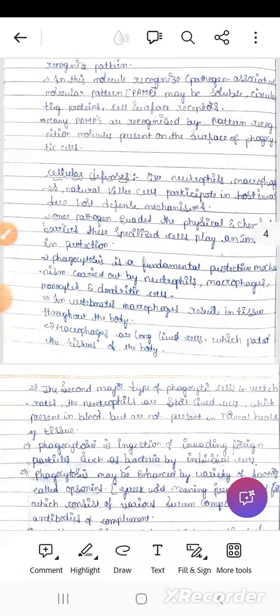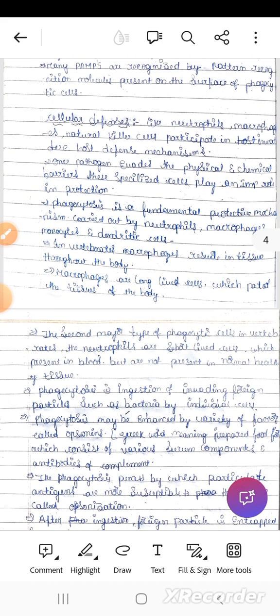Cellular defenses like neutrophils, macrophages, and natural killer cells participate in the innate immunity host defense mechanism. Once a pathogen evades the physical and chemical barriers, specialized cells play an important role in protection. Phagocytosis is a fundamental protective mechanism carried out by neutrophils, macrophages, monocytes, and dendritic cells.